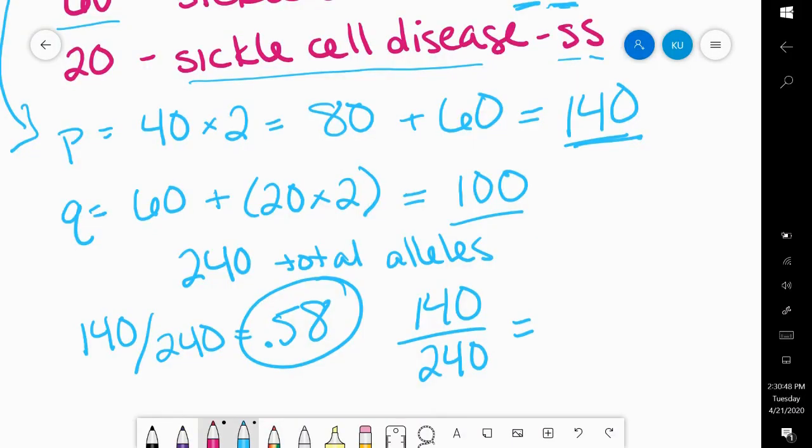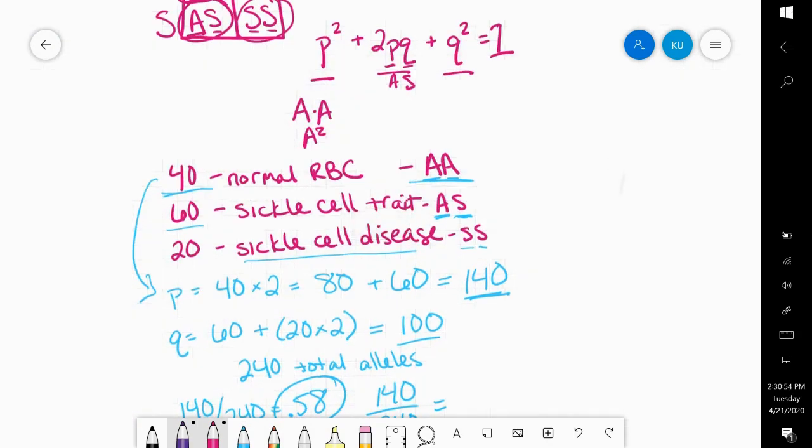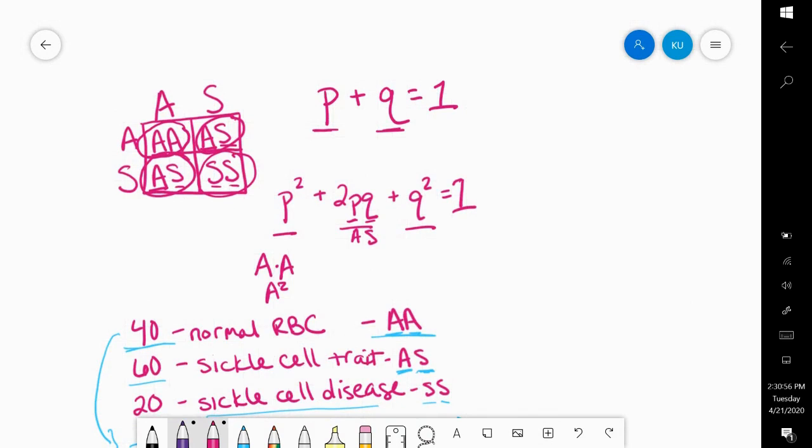So if you plug that into this equation up here, P plus Q equals 1, it'd be 0.58 plus Q equals 1. So you could just really quickly take 1 minus 0.58, which you should get 0.42, and that would be your Q.